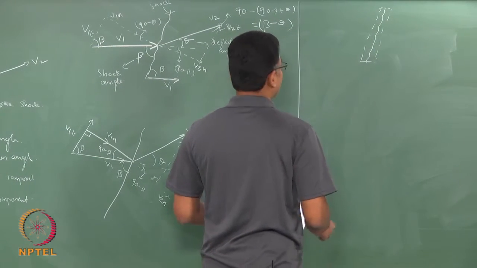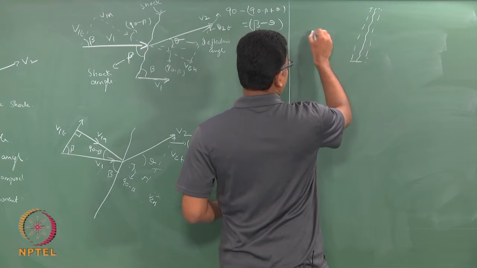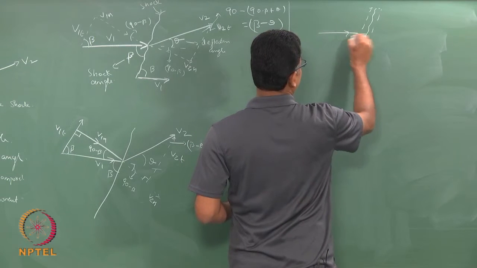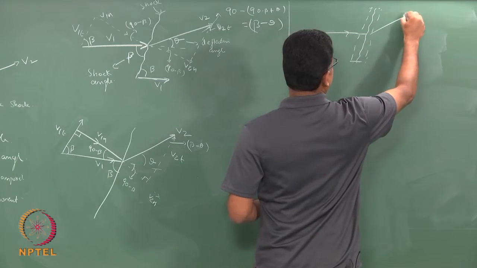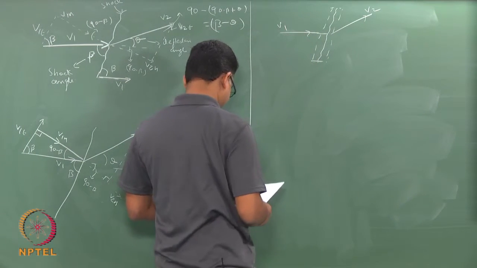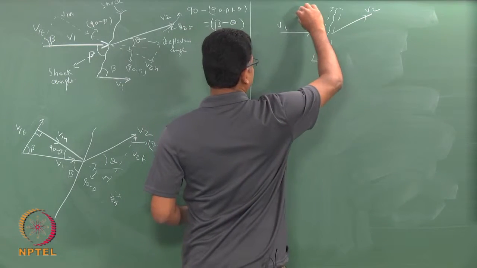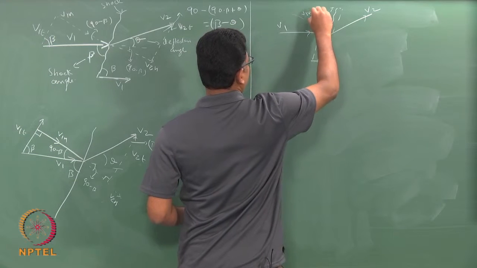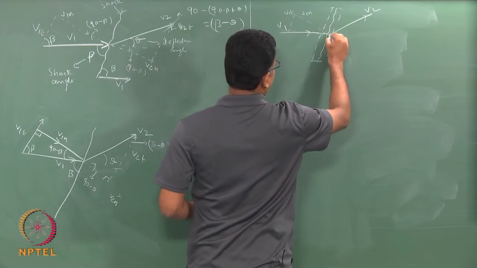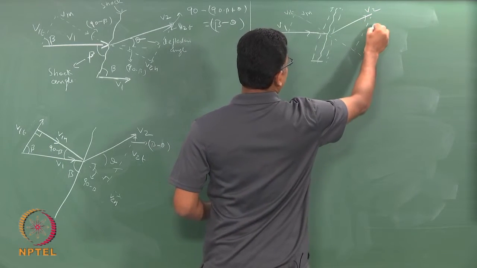Now I have a flow that is coming here and then going this way. And then I have the normal component V1n and the tangential component V1t. Likewise, we have a normal component here V2n and the tangential component V2t.